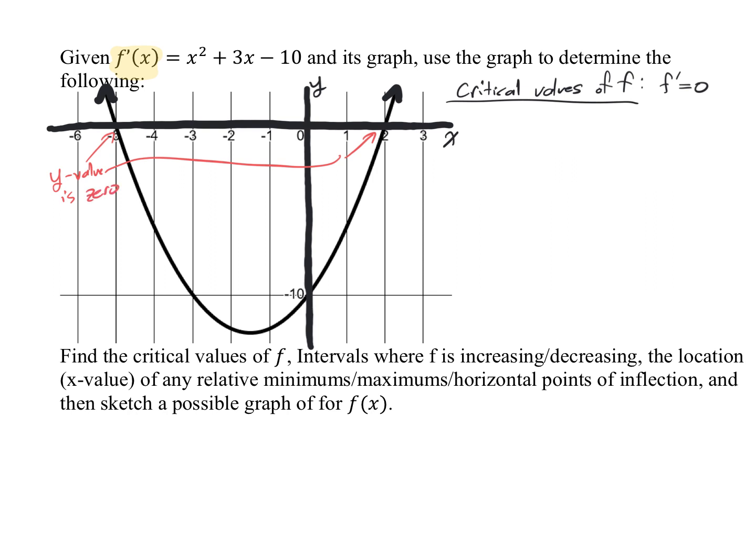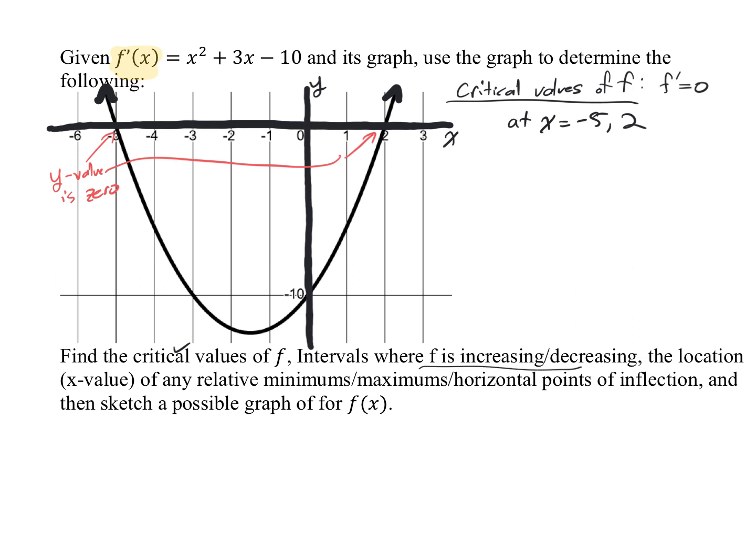So, where are my critical values? Those happen at x equals -5 and at 2. Now, you could actually take the derivative and set it equal to 0, and you'll find that those are your answers. But if you're given a graph already, you can just read that information off of the graph. Okay, we have answered the first question. We found the critical values.